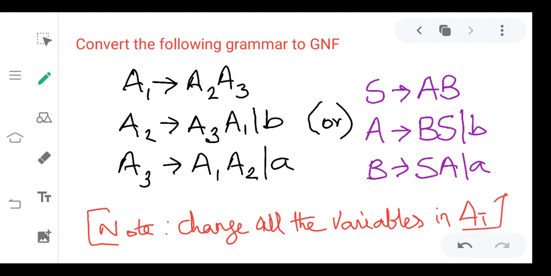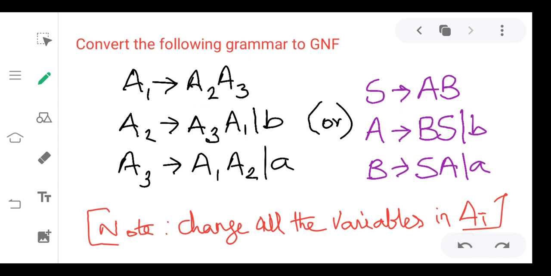So here S is replaced by A1, capital A is replaced by A2, and capital B by A3. So S produces AB is replaced by A1 produces A2 A3. Here comes capital A: A2 produces A3 A1 or B. B produces SA, which has to be A3 produces A1 A2 or A.